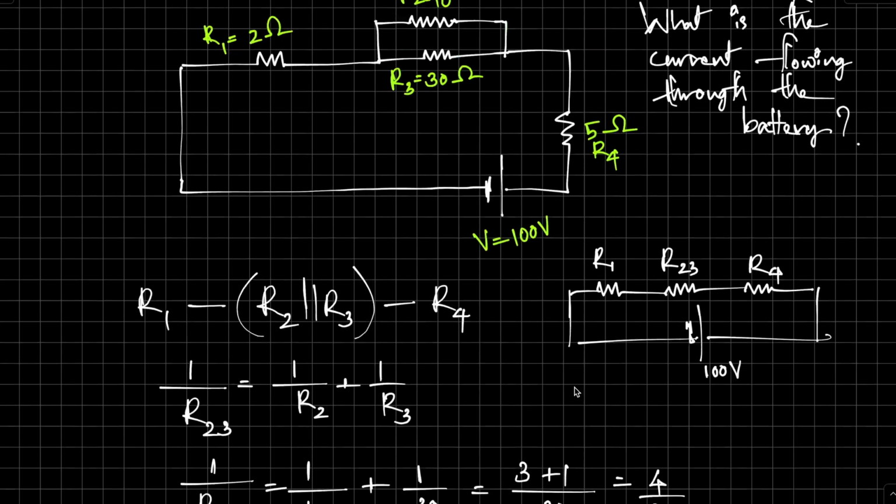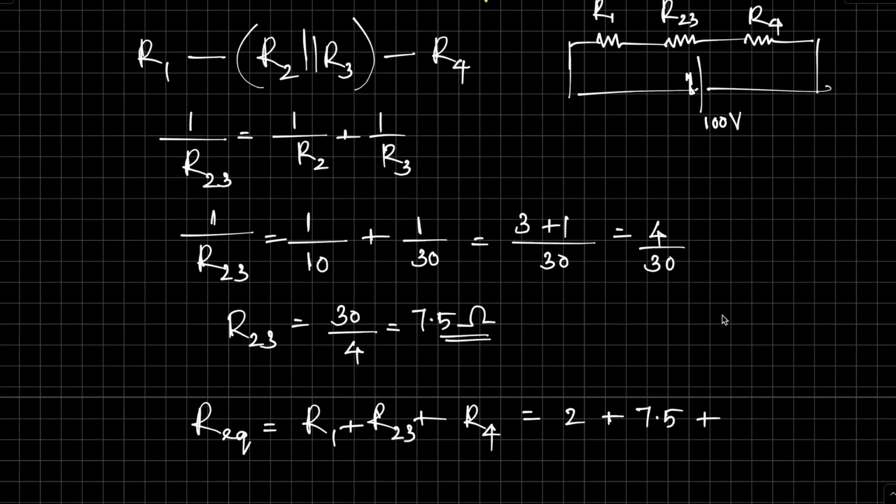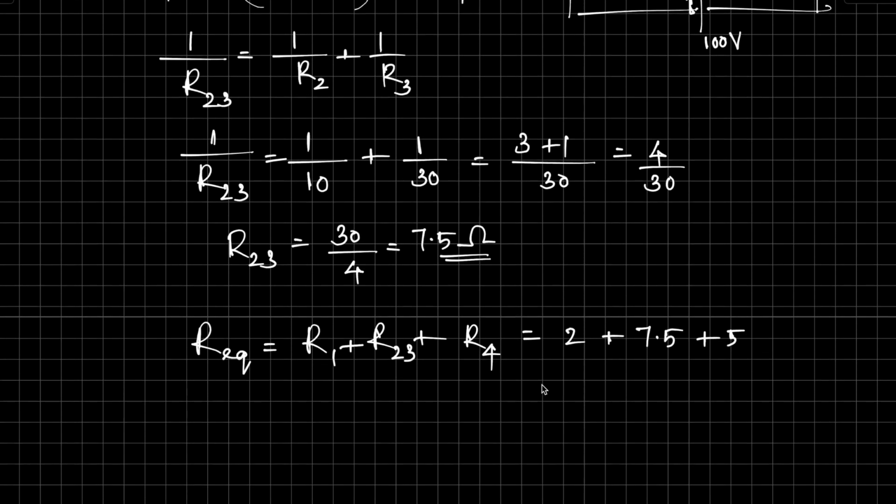R1 is 2 ohms plus R23 is 7.5 ohms and R4 is 5 ohms, 14.5 ohms.